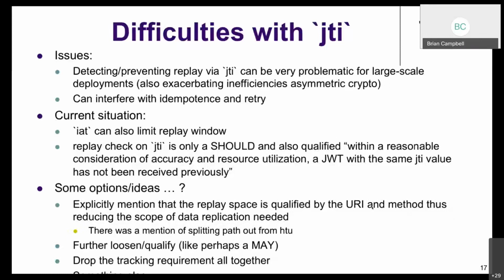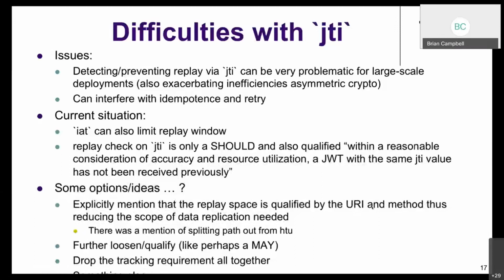The current situation right now is that replay is also sort of prevented by the timestamp in there. And the text in the document says that the replay check on JTI is only a should. And there's places where it's qualified with text, like you should only do this within a reasonable consideration of accuracy and resource utilization.